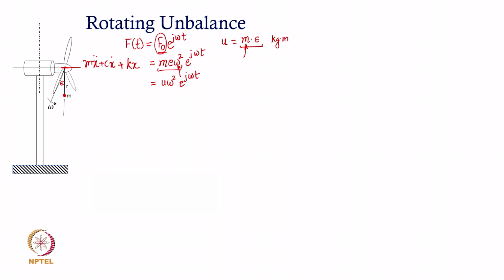Although it is true that for the sake of convenience, we say that the entire mass of this rotor is offset at a distance of epsilon, then things become a little easier and simpler to work with.